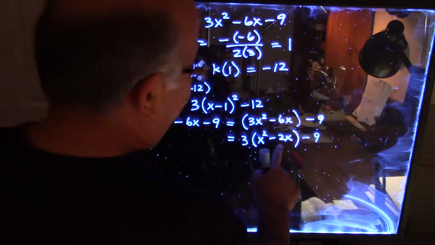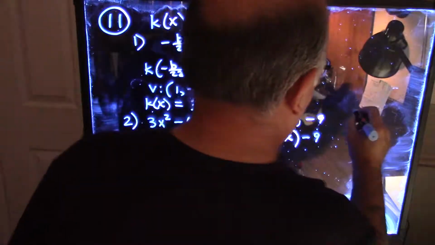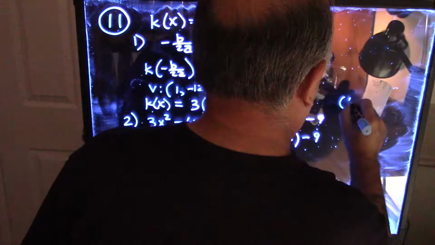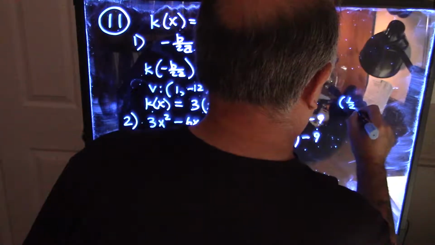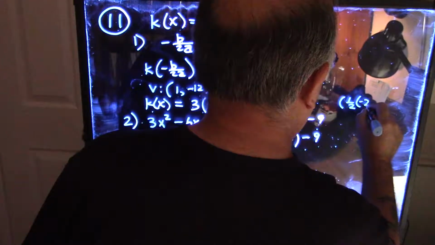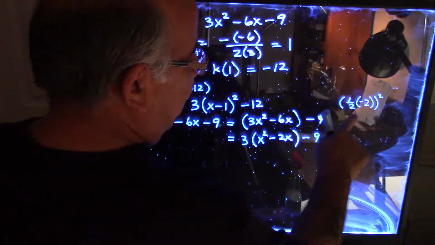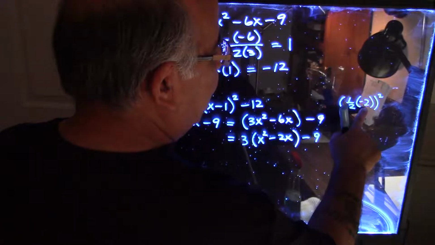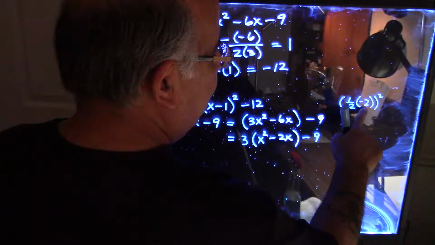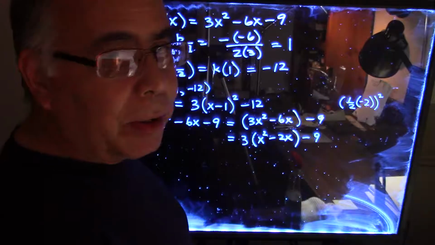Now you can take half the coefficient of x, I'll do it off to the side, half of -2, and then square it. Now, really, in practice, you don't have to worry whether that's positive or negative, because when you square that, it's always going to be positive.